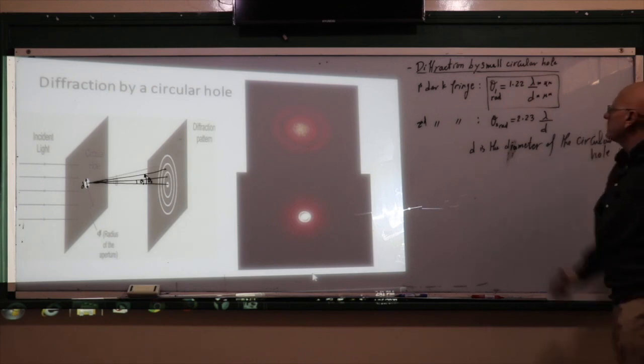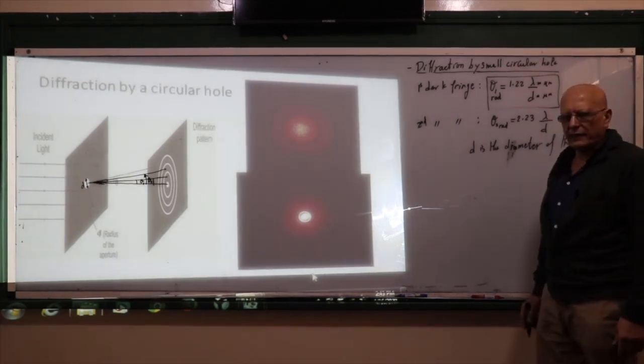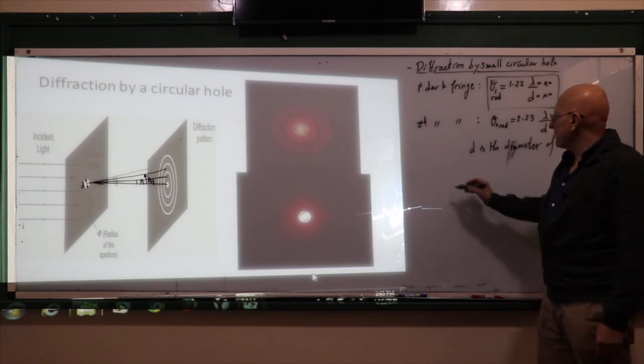Fine. Now I can find the angular width of the central bright fringe.